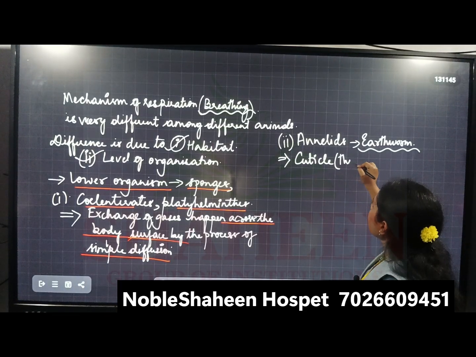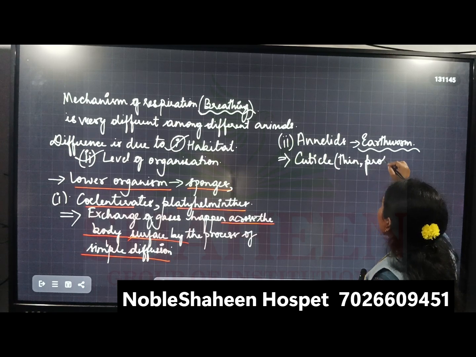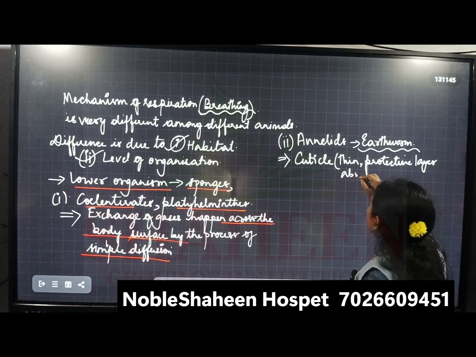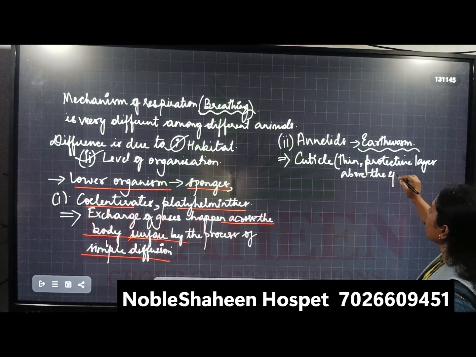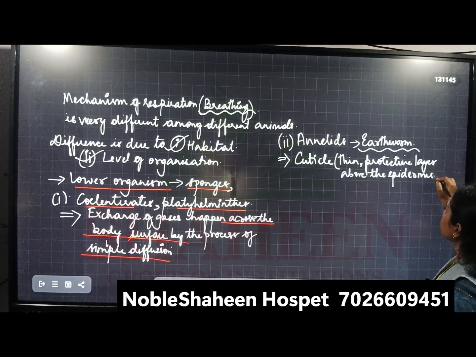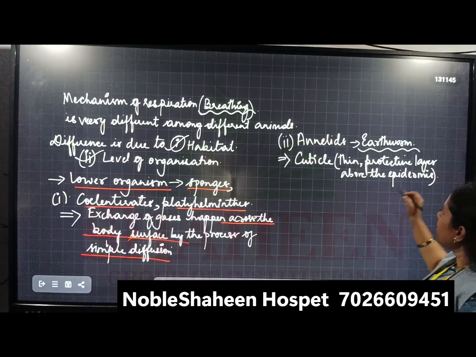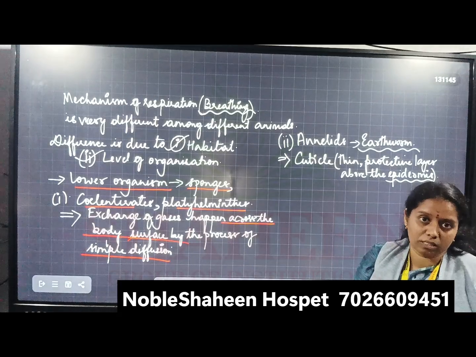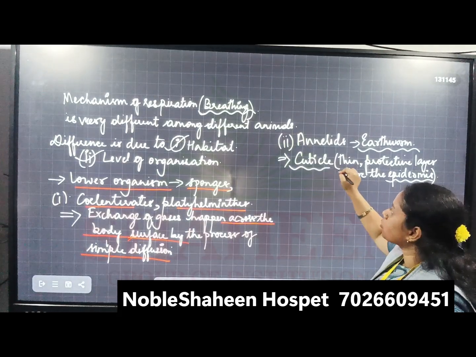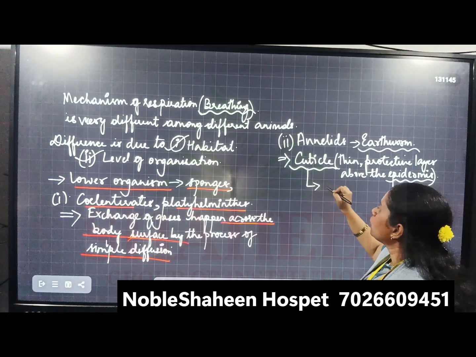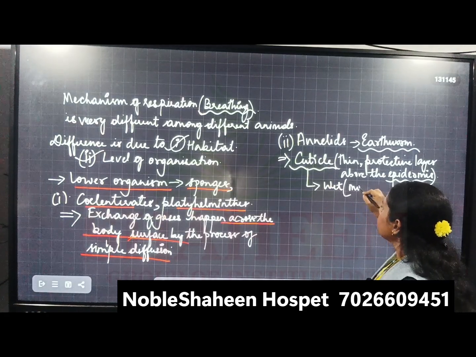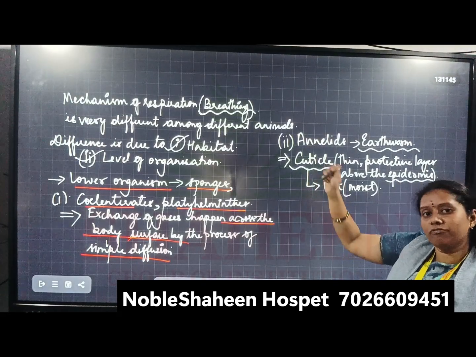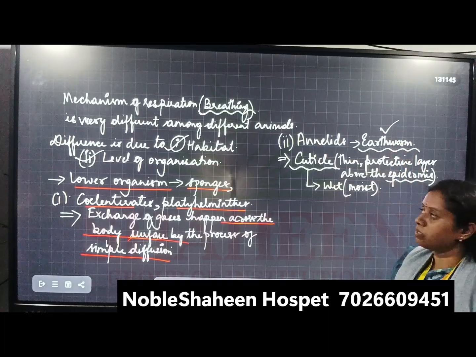Cuticle is the thin protective layer above the epidermis. So the epidermal layer which is present below this cuticle is also going to secrete the mucus. Because of that, the cuticle is going to remain always moist. So this cuticle helps in exchange of gases in the case of earthworms.